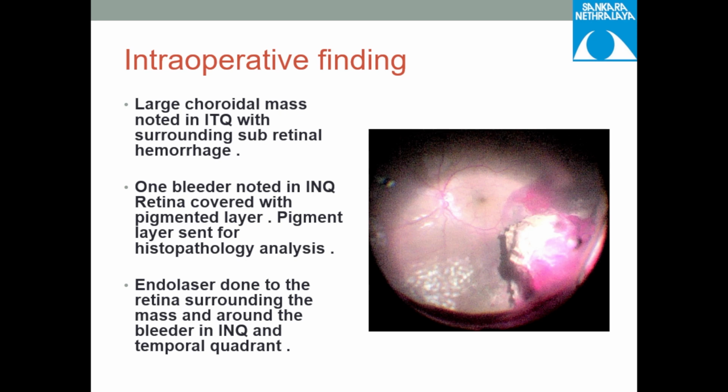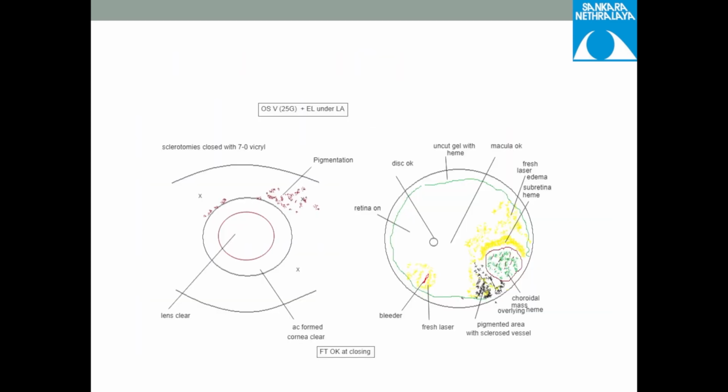An endolaser was done to the retina surrounding the mass, as well as to the bleeder in the inferonasal quadrant. This is the post-op picture showing the area of the mass, which is lasered all around, and there was a pigmented area with sclerosed vessel inferior to it, and the laser around the bleeder is also shown here.